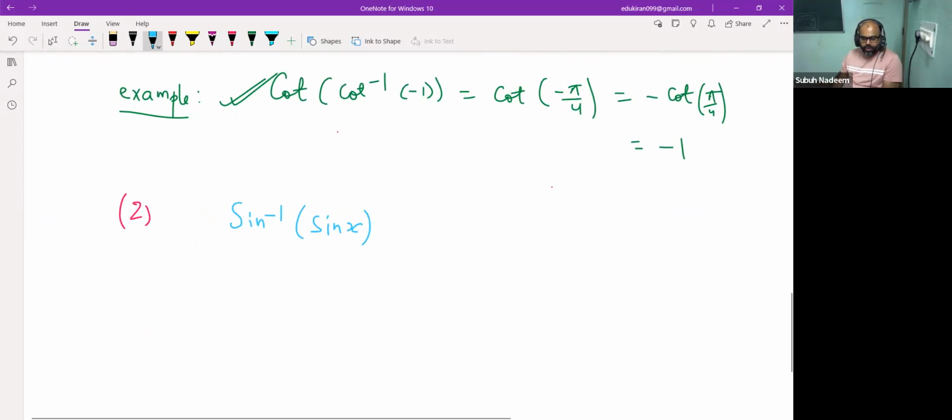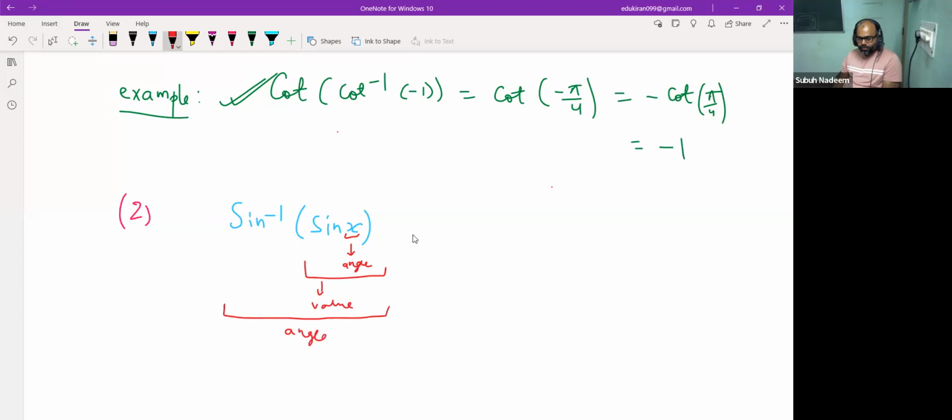That x will be an angle, not a value, but an angle. And sine x will be a value. And sine inverse of this value will be an angle like this.